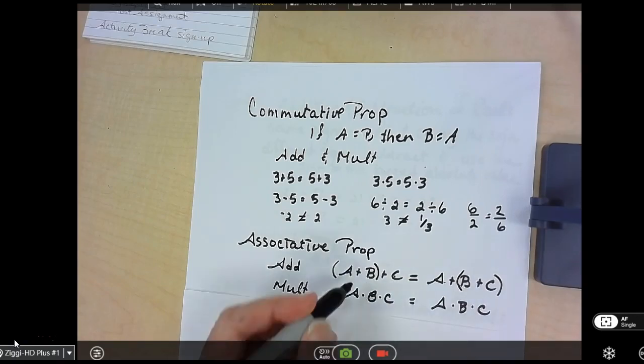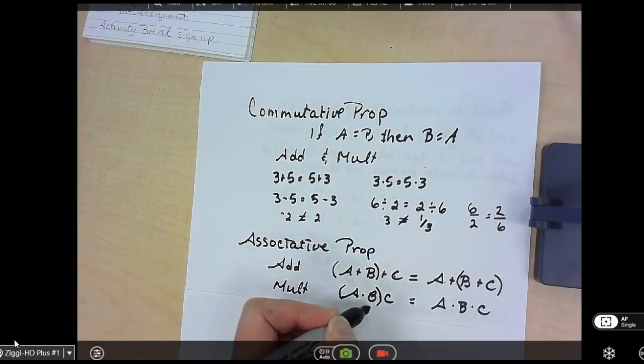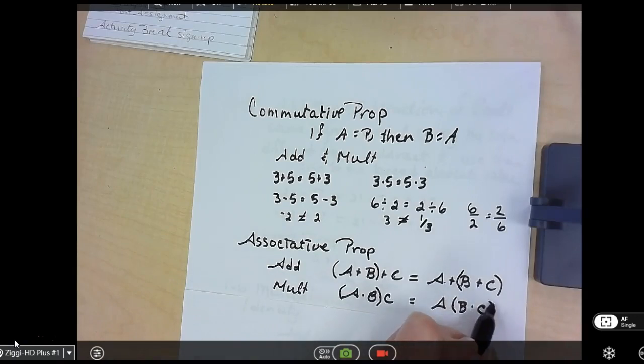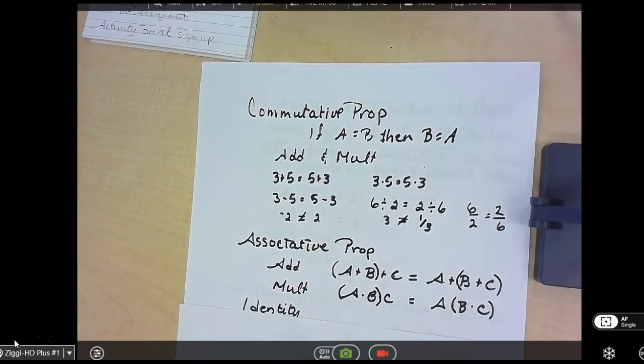Same in multiplication. We take the first 2 numbers and multiply them first, then multiply them by the third. It would equal multiplying the last 2 first times the first number.